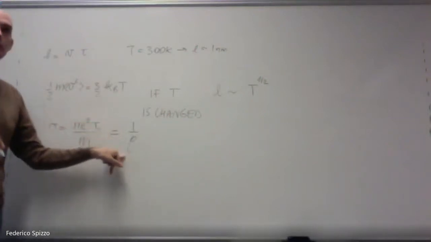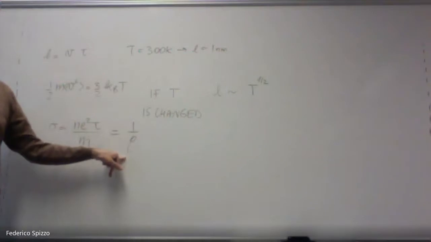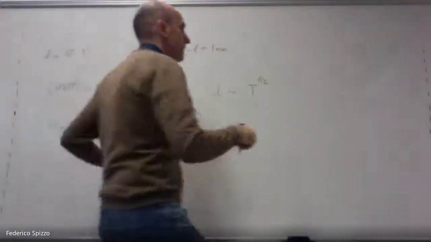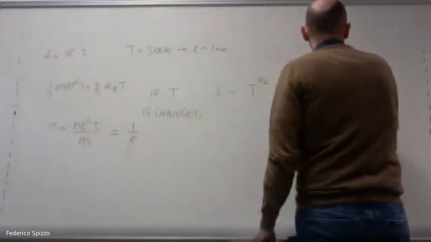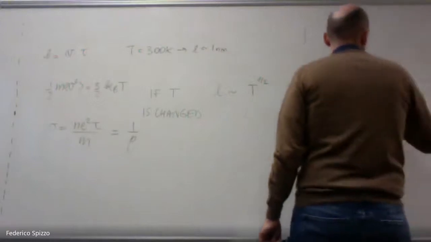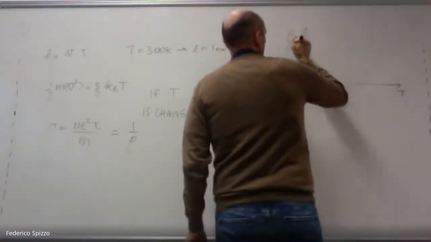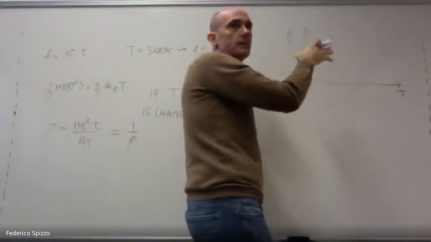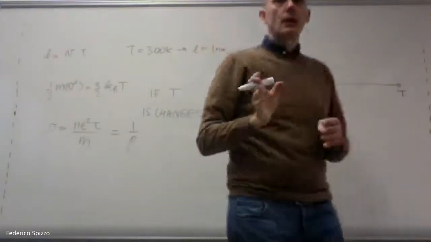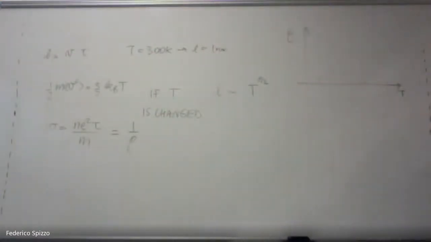What do we know concerning resistivity, in particular how resistivity changes with temperature? We will evaluate this plot later, but for the moment I just give you the experimental result.